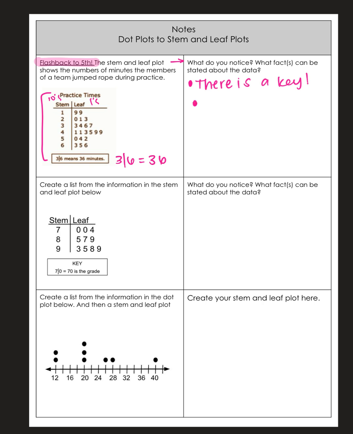Another thing that I noticed is that approximately, from what I know, 20 or 21 people's data was recorded. And I can tell because this represents 19. If I count all of those, that's 1, 2, 3, 4, 5, 6, 7, 8, 9, 10, 11, 12, 13, 14, 15, 16, 17, 18, 19, 20, 21.